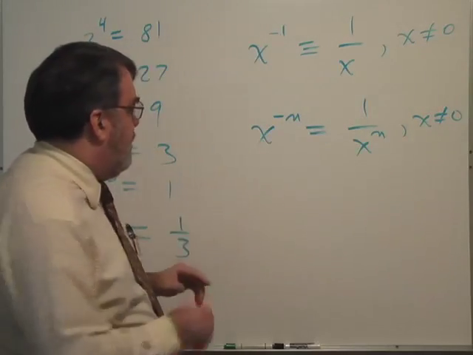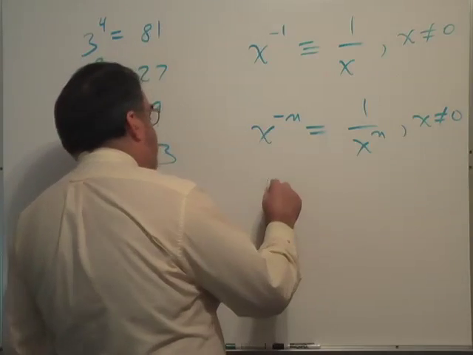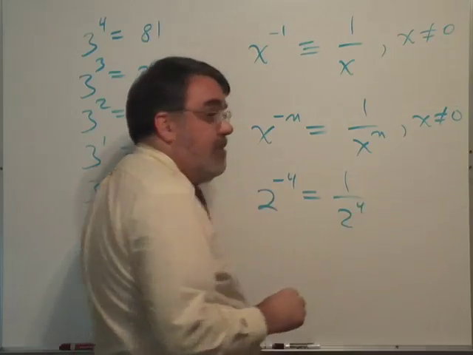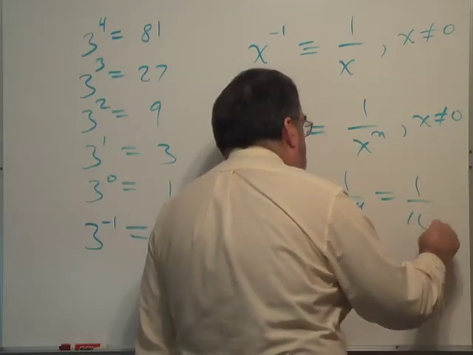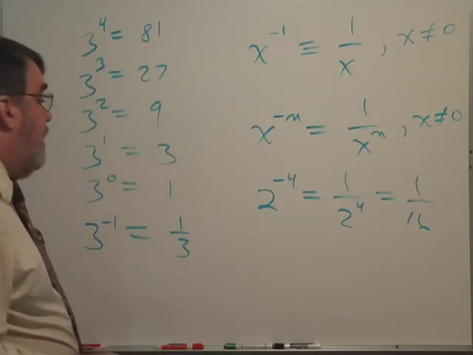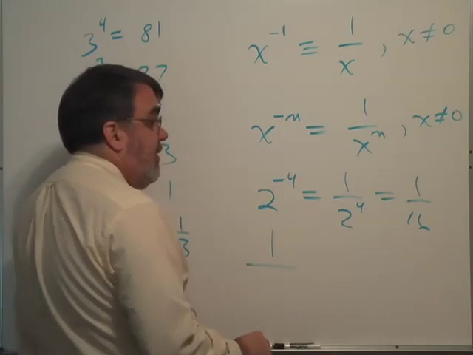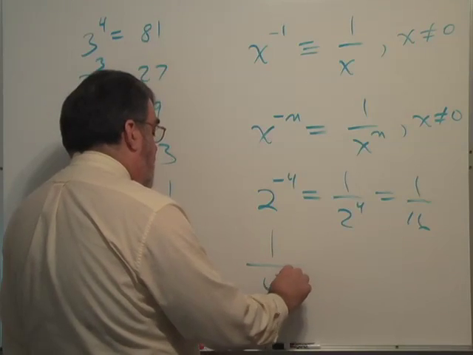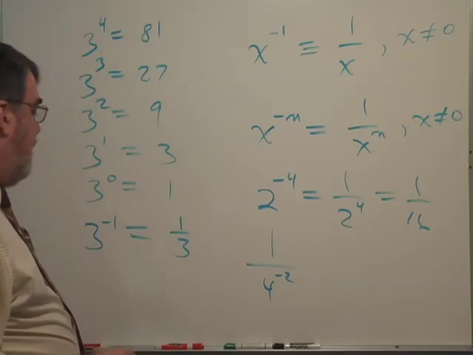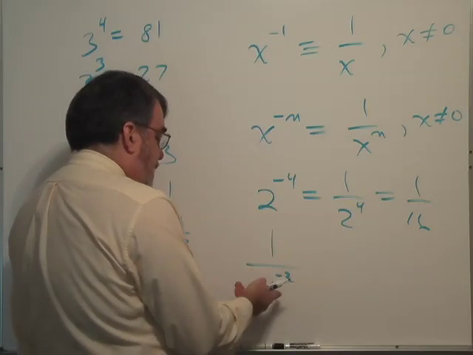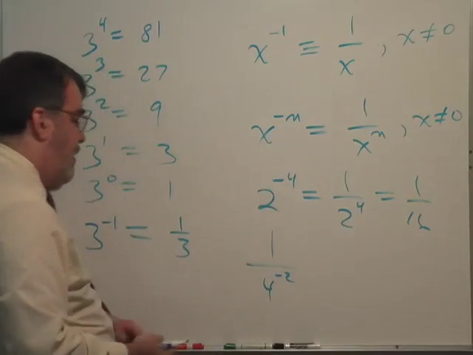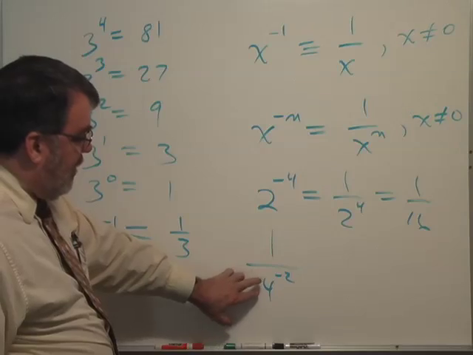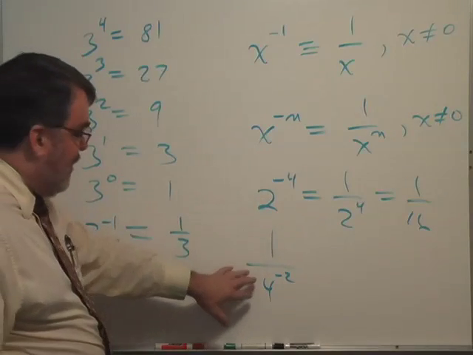So in other words, for example, if I had 2 to the minus 4, this would be 1 over 2 to the 4th, which would be 1/16. If I had, for example, 1 over 4 to the minus 2 power, then when I change this exponent, it reverses the position of the base in the fraction. So in this case, you can actually argue that this flips the fraction again.